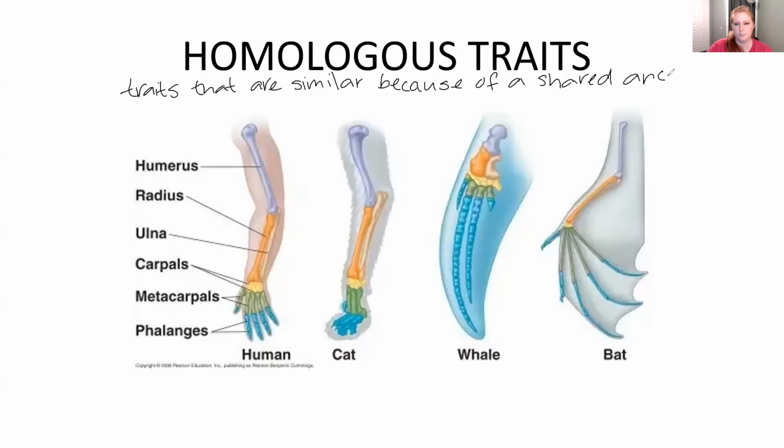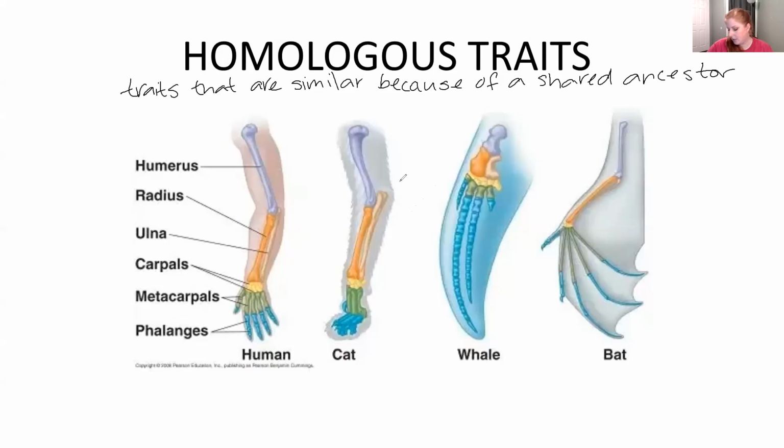Okay. Basically what this means is that somewhere down the line, the evolutionary line, organisms would have had the same common ancestor, okay?